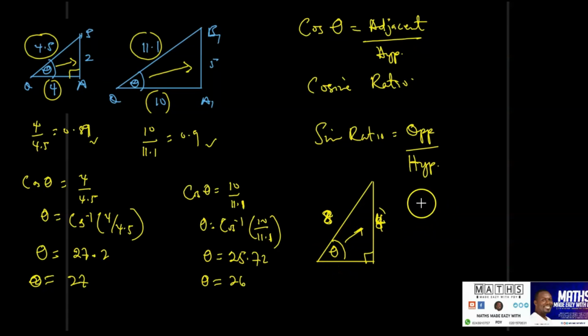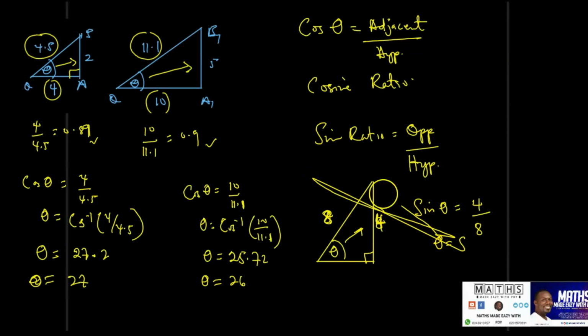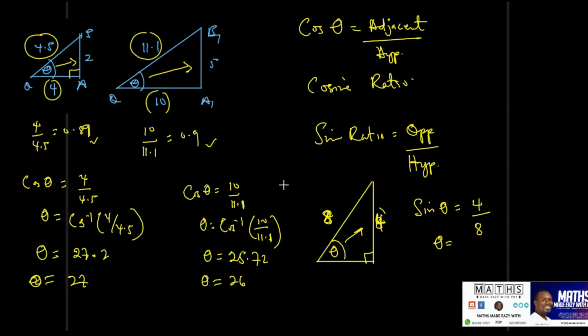So sine of theta equals the opposite side, 4, divided by the hypotenuse, 8. Hence theta is sine inverse of 4 on 8.